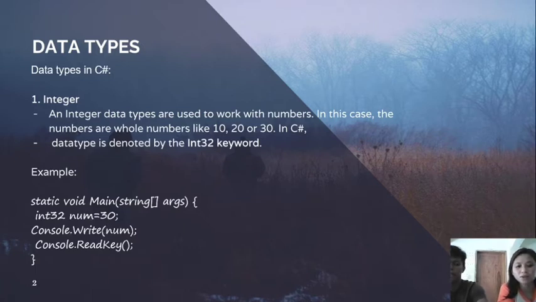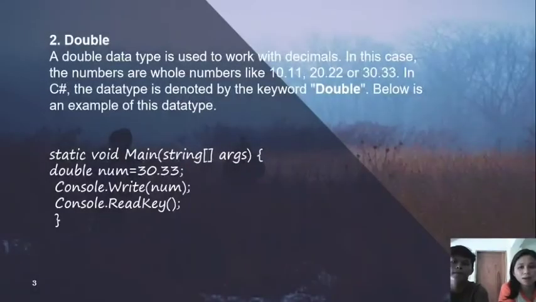Next, double. A double data type is used to work with decimals. In C Sharp, the data type is denoted by the keyword double. Below is an example. In this example, we define a double variable called num.